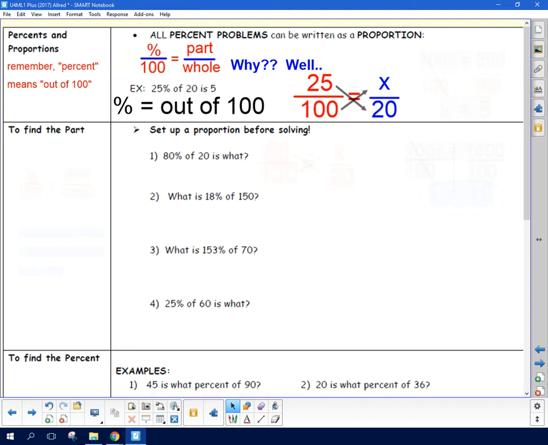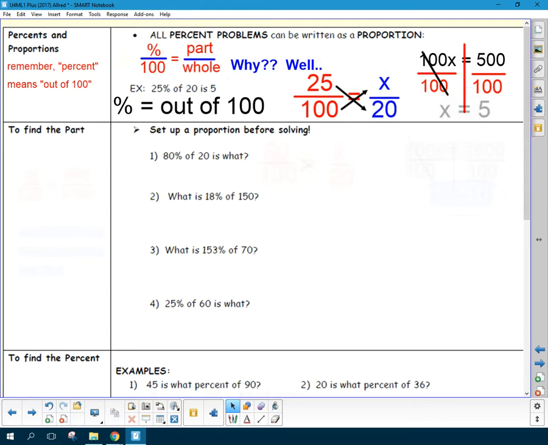And if I cross multiply, 25 times 20 is 500, and 100 times x is 100x. If I divide both sides by 100, just like we have been doing for the last couple of days in Unit 3 when we saw proportions, that'll tell me that x is 5, which proves, hey, 25% of 20 is 5, just like my question said at the beginning.